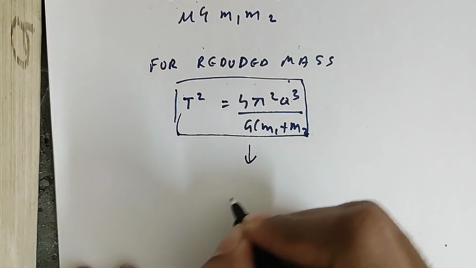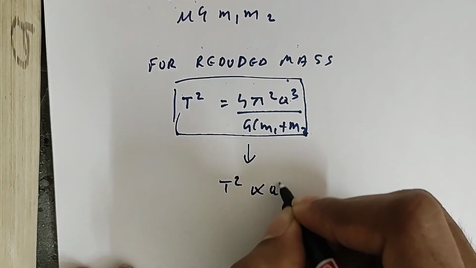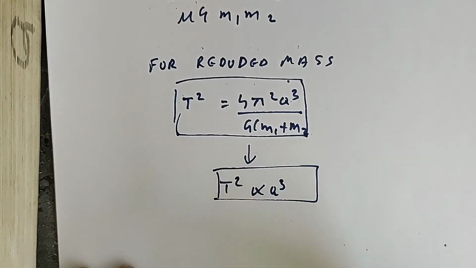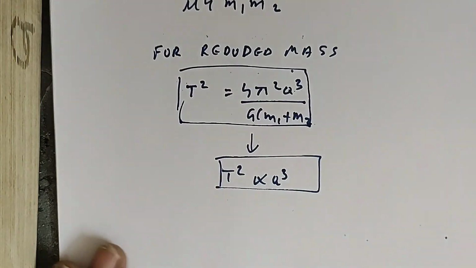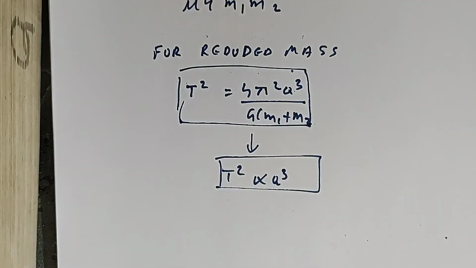All the emphasis is that T square is directly proportional to a cube. That's what matters at the end of the day. So finally, we are done with everything.